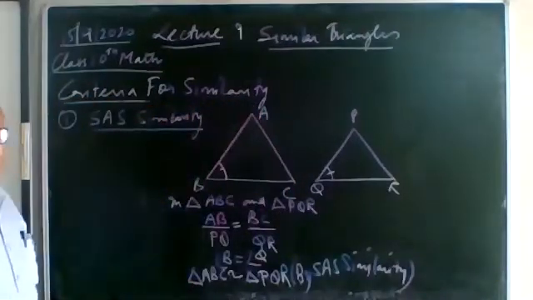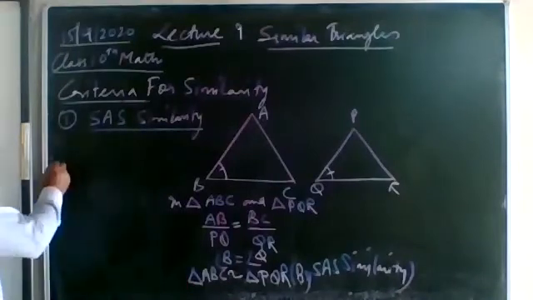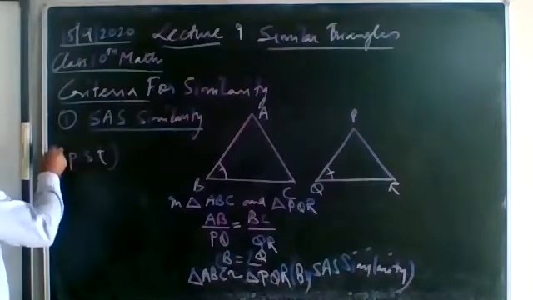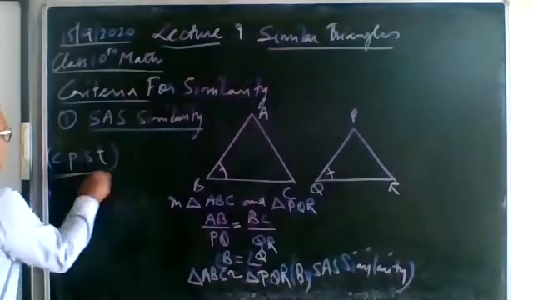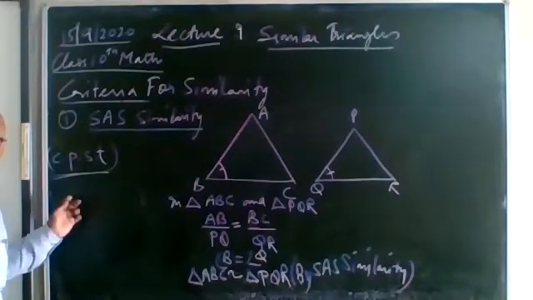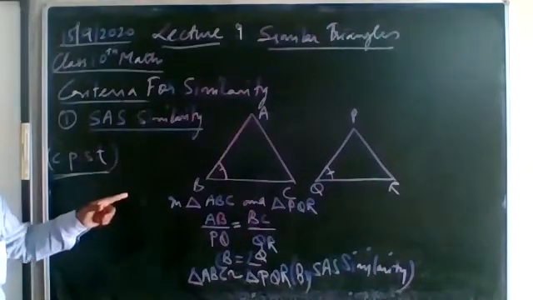Here, when we have to do similarity, we have CPST. In 9th class, what was the CPCT? CPCT was corresponding parts of congruent triangles.